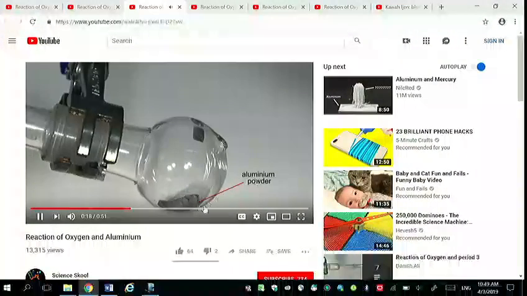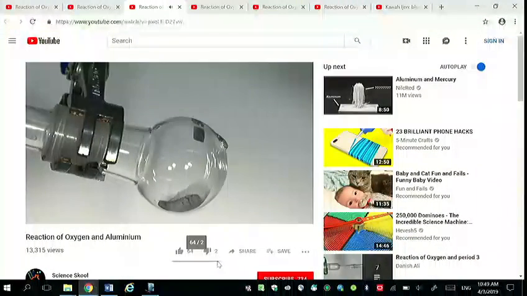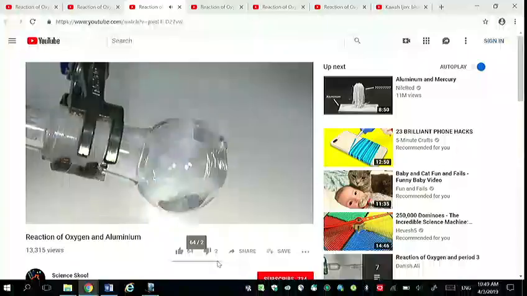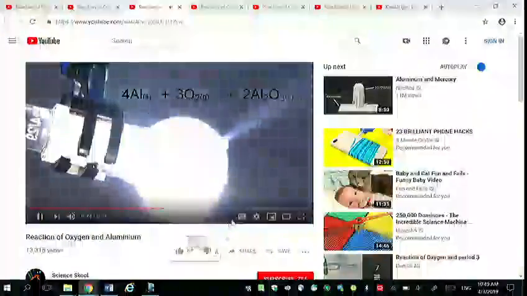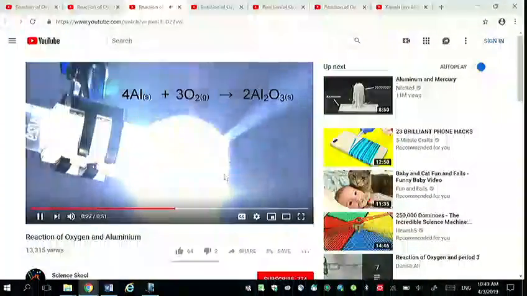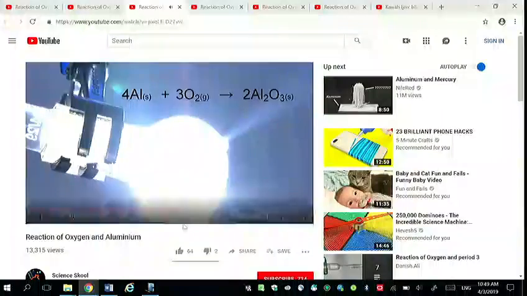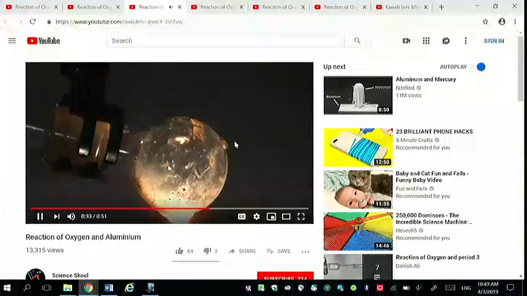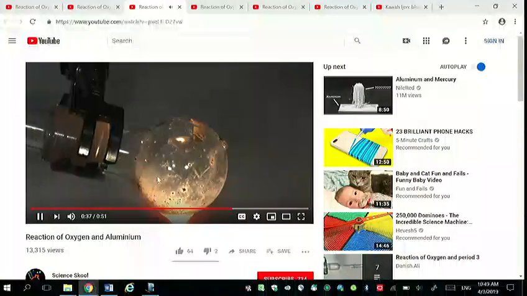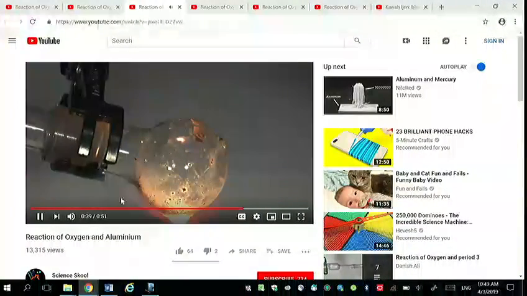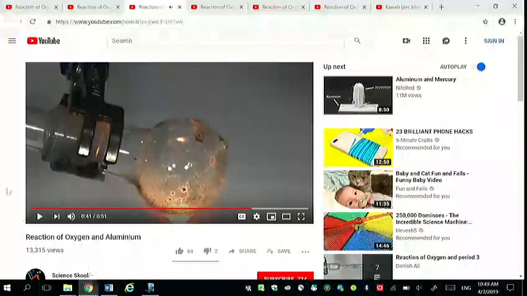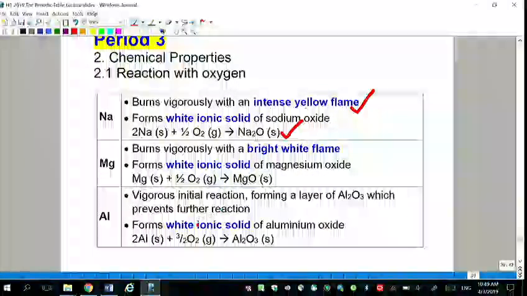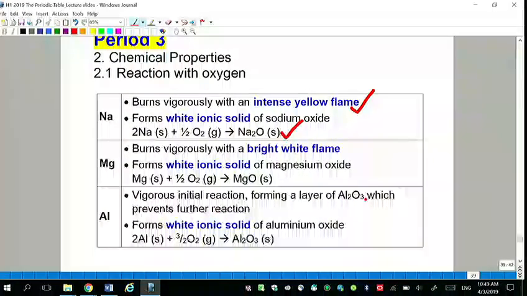That is the aluminium powder. Whoa. It actually blew a hole in the... So do not try this at home. Take note, I need you to know that it will form Al2O3, a white ionic solid.